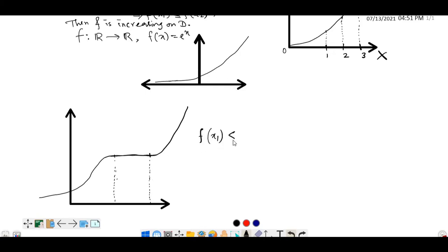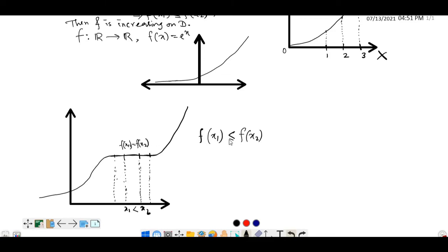That f(x1) is less than or equal to f(x2) for any 2 points. If you take x1 and x2 here on this x-axis within this range, say x1 is here and x2 is here, then also you see x1 is less than x2, but f(x1) is equal to f(x2).